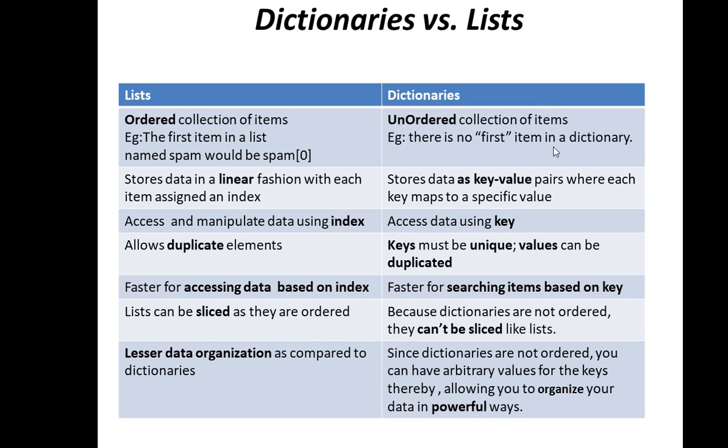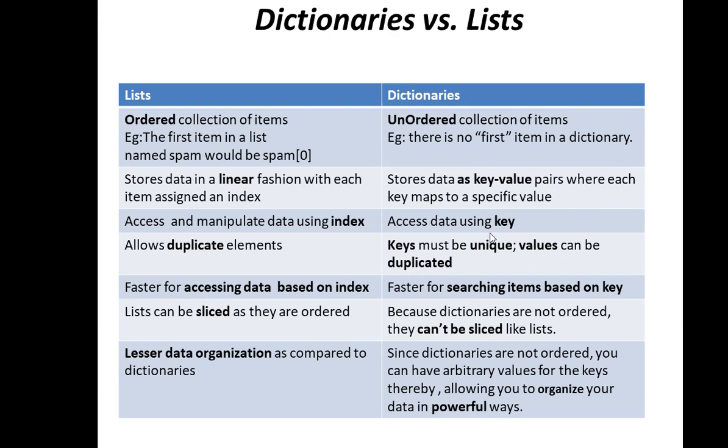But there is no first item like that in a dictionary. It is not ordered. There is no sequence. In a list the data is stored in a linear fashion, whereas in a dictionary the data is stored in key value pairs, as we just saw. If I want to access and manipulate data in a list, I have to use the index, which we have seen in previous sessions.